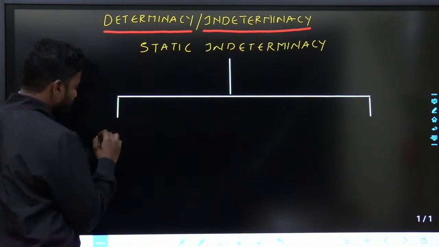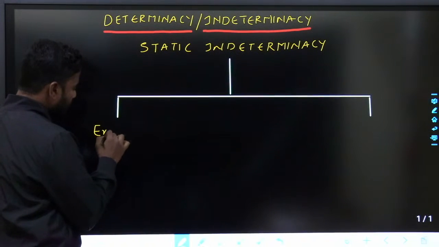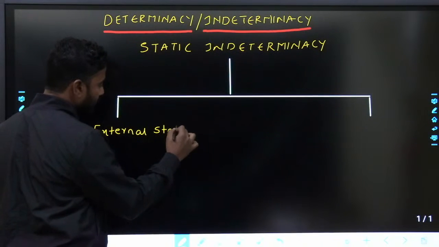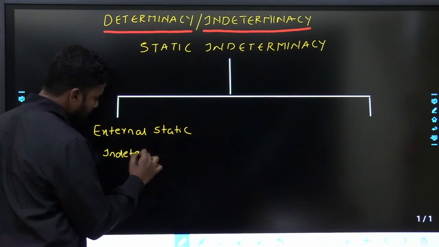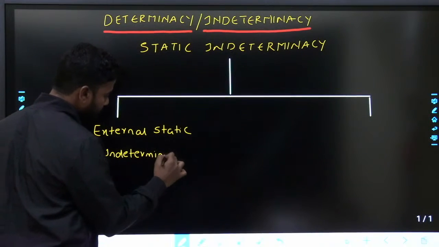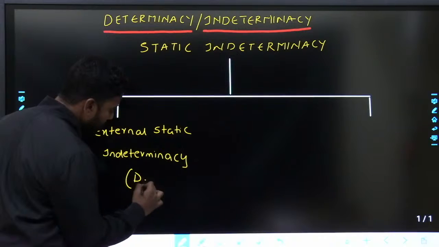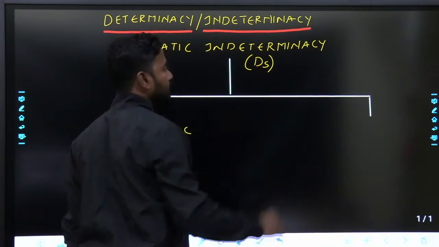Static indeterminacy is further divided into two parts. First one would be external static indeterminacy, which is generally noted as DSE. Static indeterminacy, I will give it as DS.